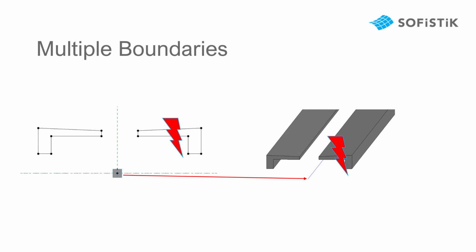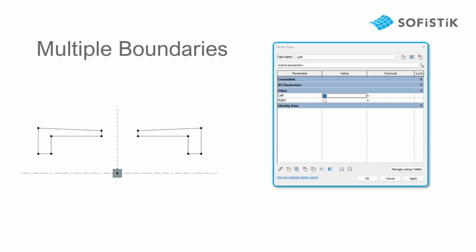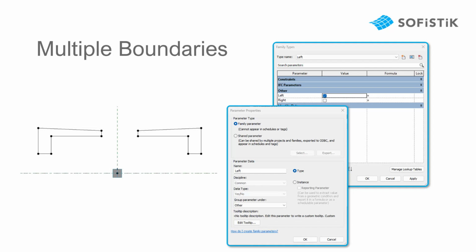On the other hand, what you can do is have multiple boundaries within one family assigned to a specific family type. Here is the family types interface, and I created a type name left as well as a parameter left. There is a second type right as well as a parameter right assigned, and I choose this left parameter as a type parameter of data type yes and no. Meaning that for every type, this parameter is either on or off.